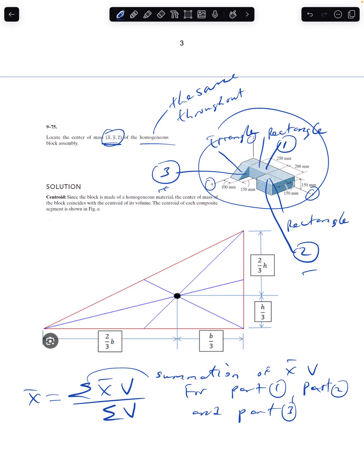So it is the total of x bar multiplied by the volume for part 1, part 2, part 3.